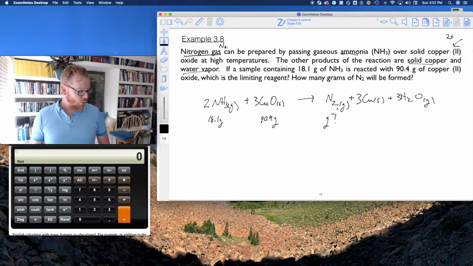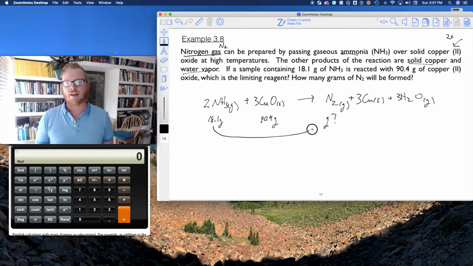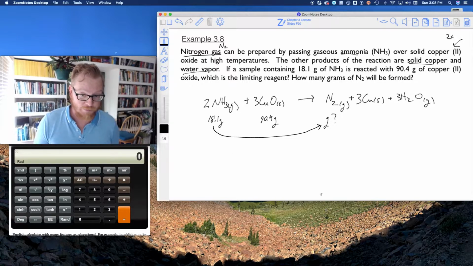Okay, so what we're going to do, we're going to do 2 calculations. We're first going to start with this 18.1 grams of ammonia and come all the way over to nitrogen. And we'll see how many grams of N2 can be formed by 18.1 grams of NH3. Okay, so I'll call that number 1.